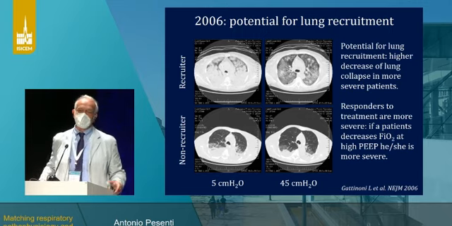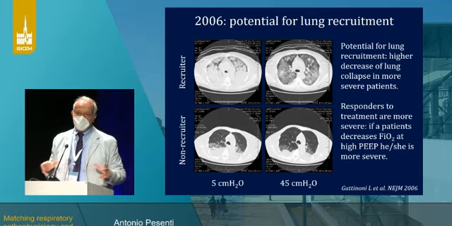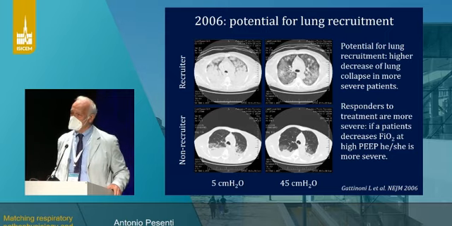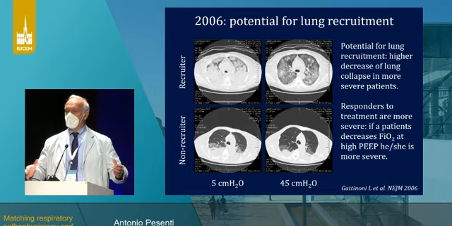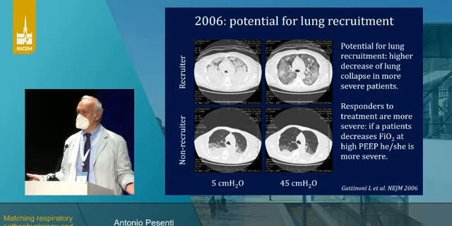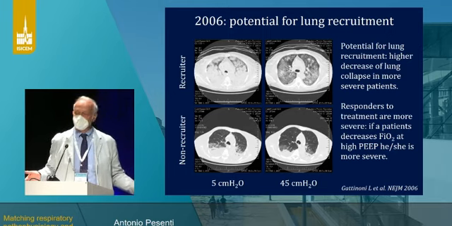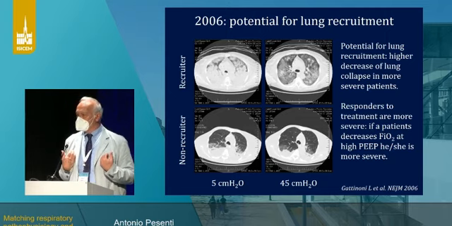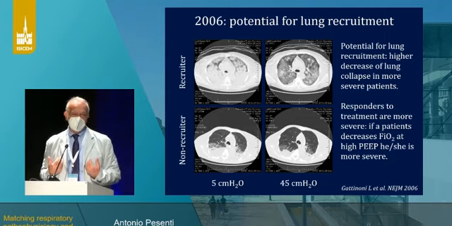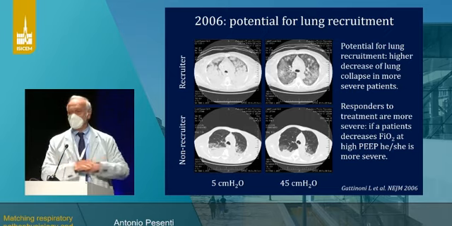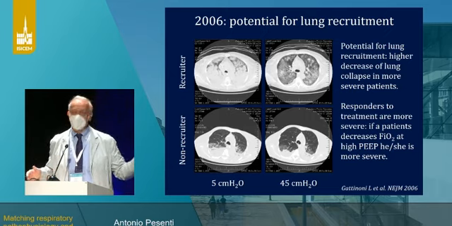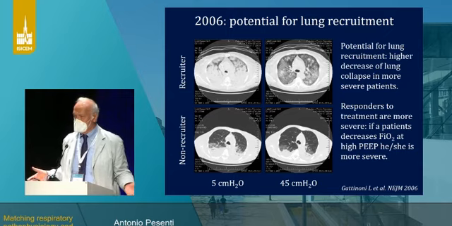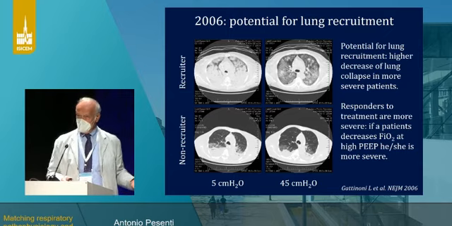So, is recruiting bad? I don't know. But for sure, this doesn't mean anything, because if I have a lot of lung to be recruited, it's because I have a lot of lung collapsed. So it's obvious that if I have a lot of recruitable lung, I'm much sicker than Jesus, who has zero recruitable lung, because he's healthy and there's no collapsed lung. Okay?